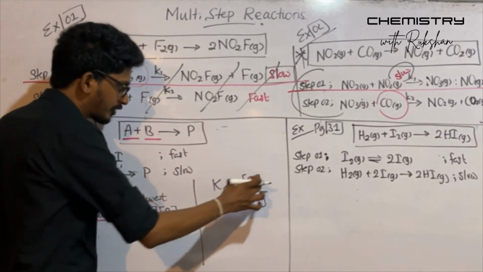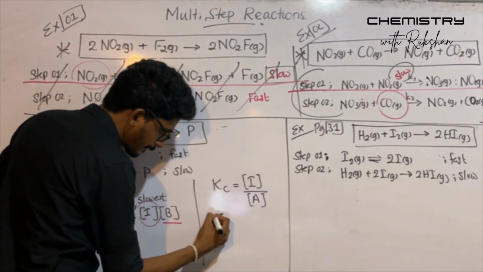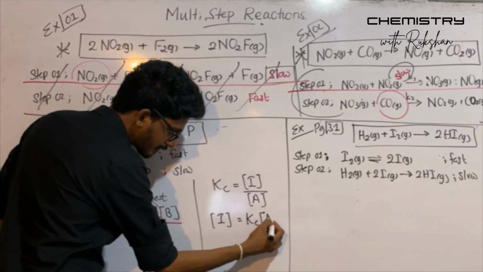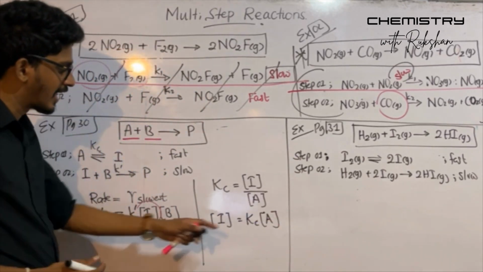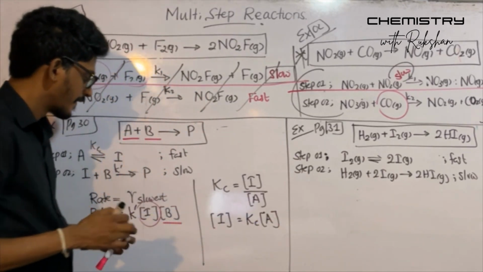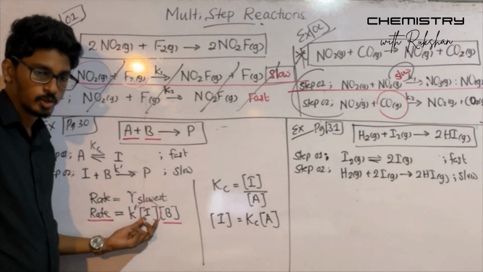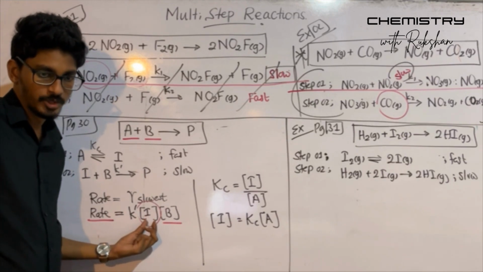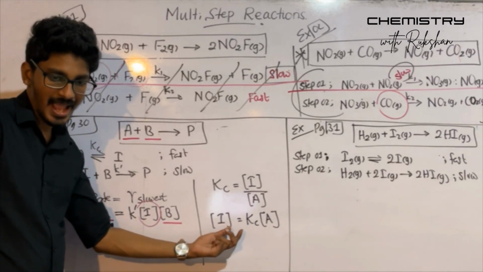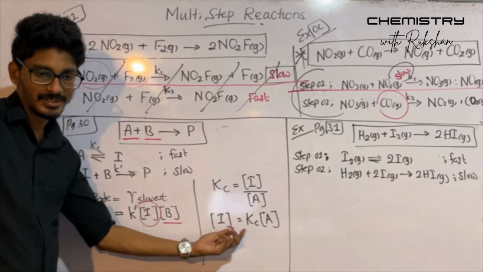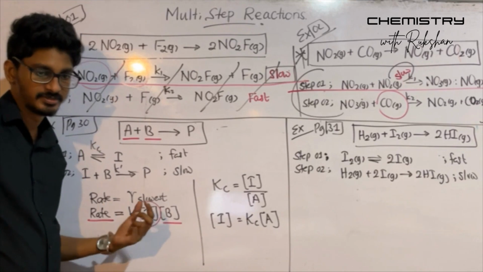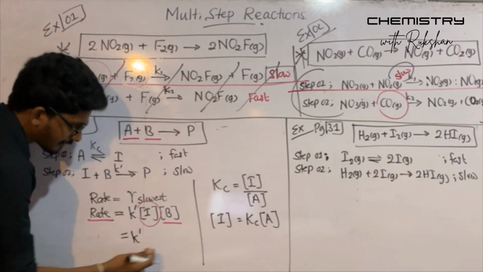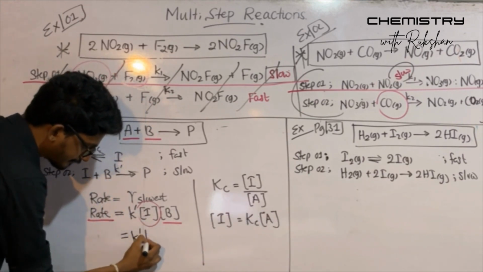So if you make I the subject, it will give you Kc into A. Why have I made I the subject? Because you can't have I here. You have to get rid of I from this expression. So instead of I, you can write Kc into A.